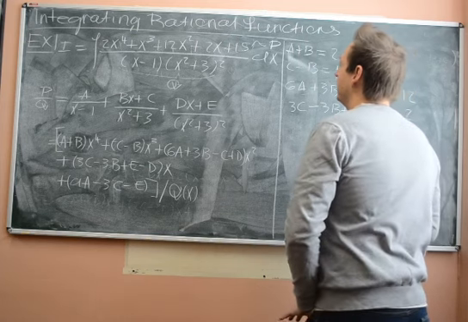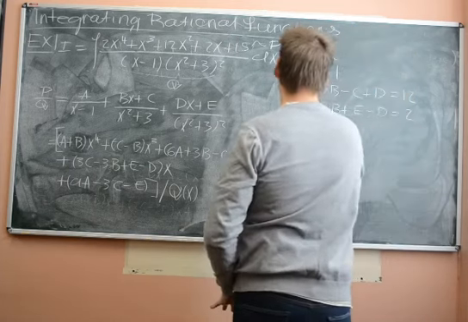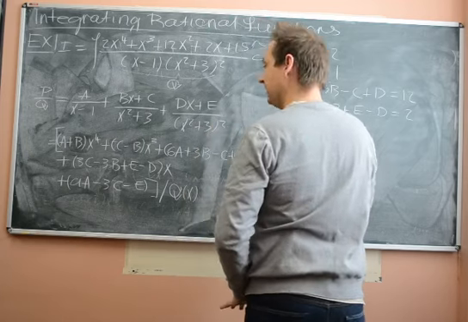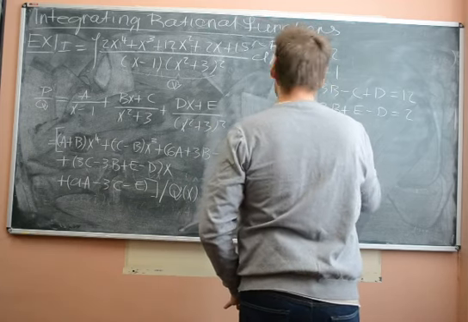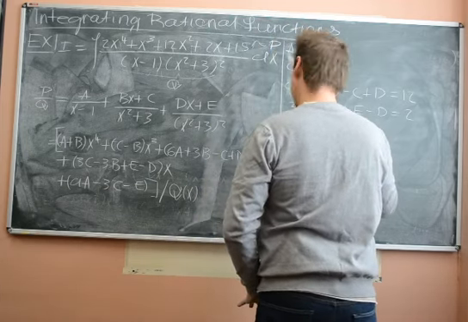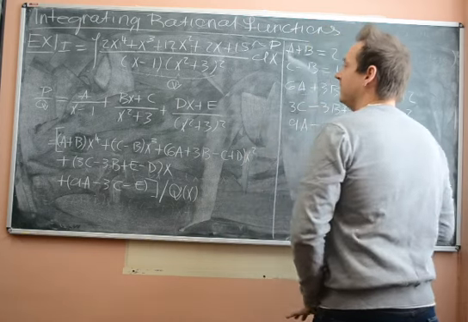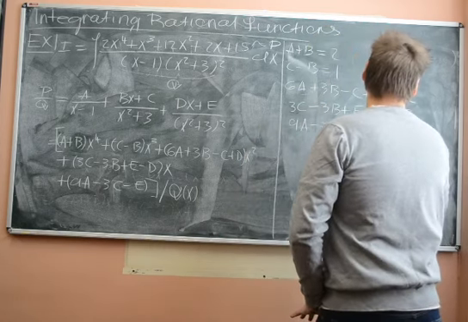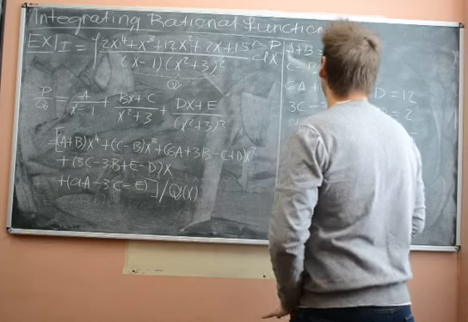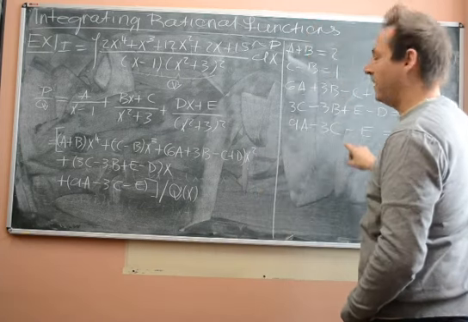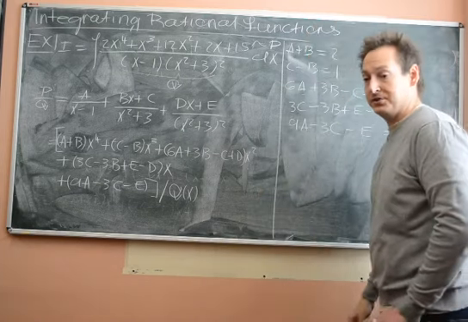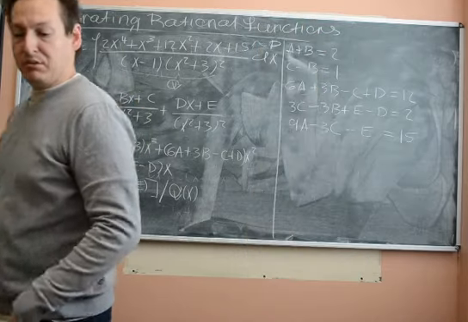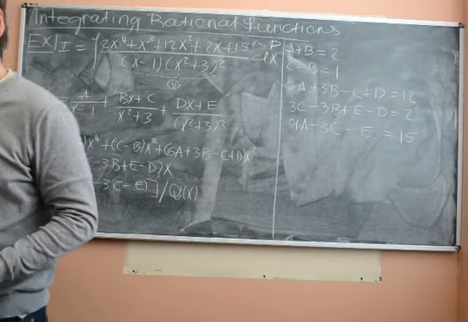And the constants, 9a minus 3c minus e, and that has to be 15. So 1, 2, 3, 4, 5 equations in 5 unknowns, and that can get quite computationally tricky to solve.